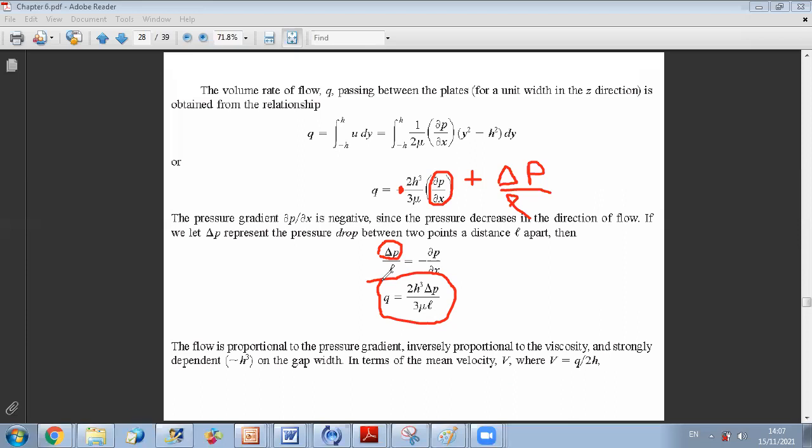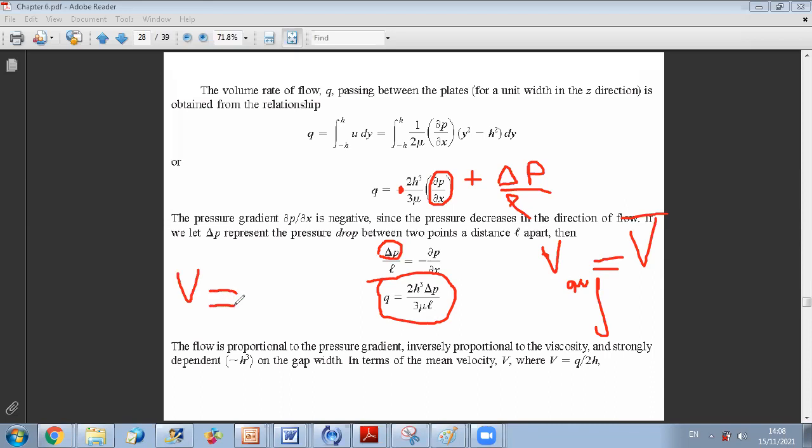Now, what about the mean velocity? The mean velocity or average velocity can be calculated as the flow rate, so V average, and sometimes we symbolize this by V with a bar, or just big V, okay? By putting just big V, it means we are taking here the average velocity.